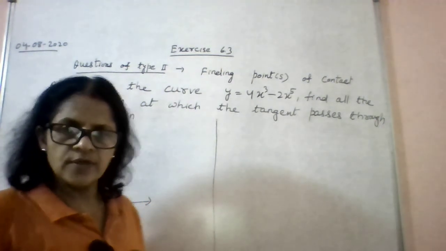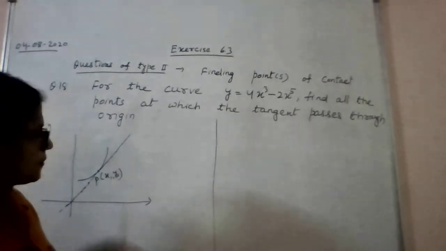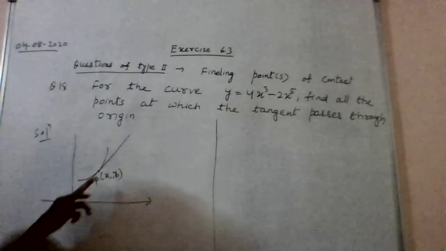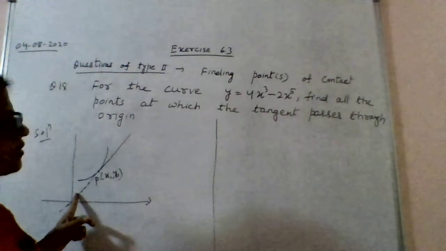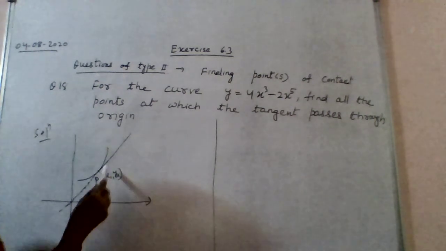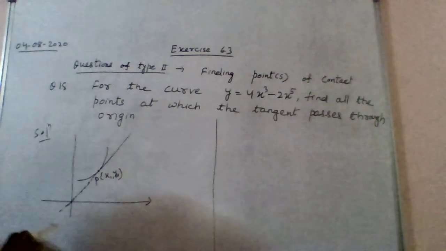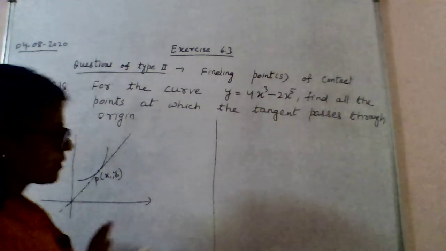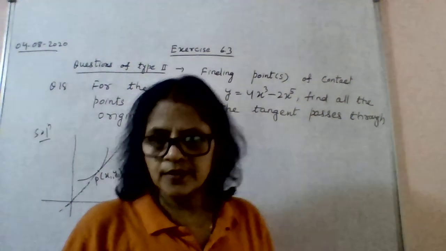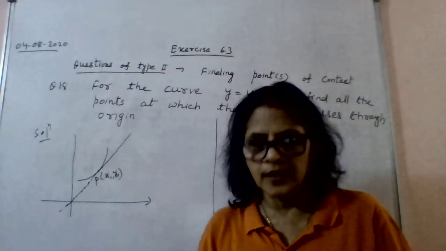So the situation is somewhat like this. If you take this as the curve and the tangent, the tangent passes through the origin. We are not given the point of contact, right? We have to find the point of contact.